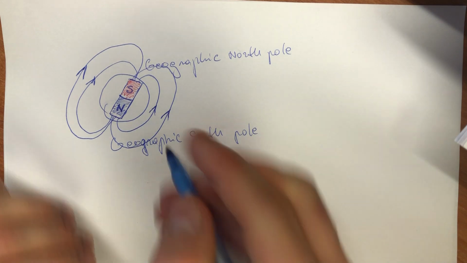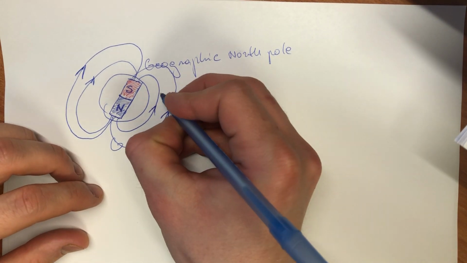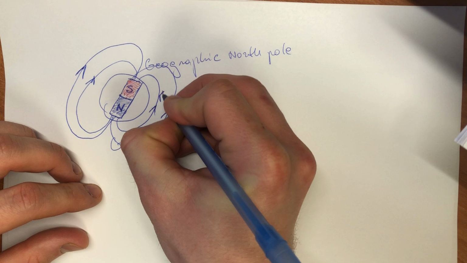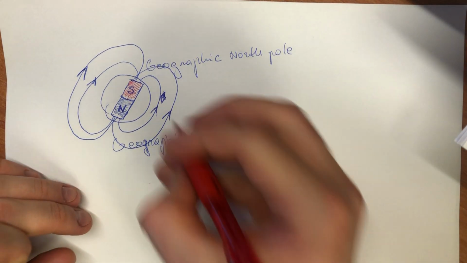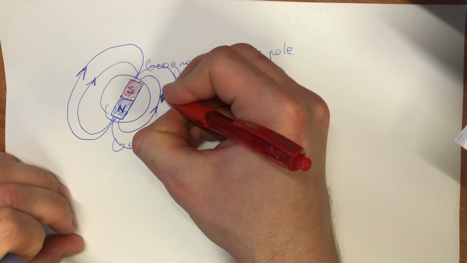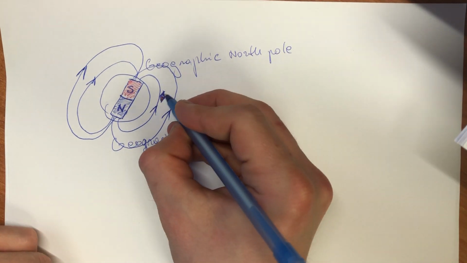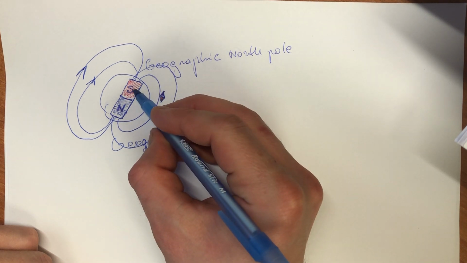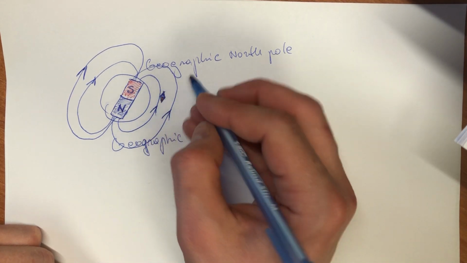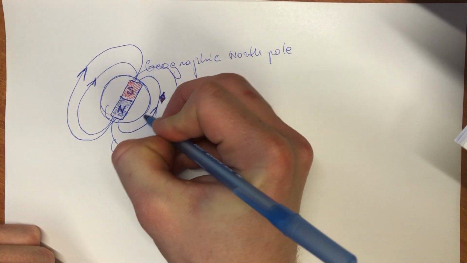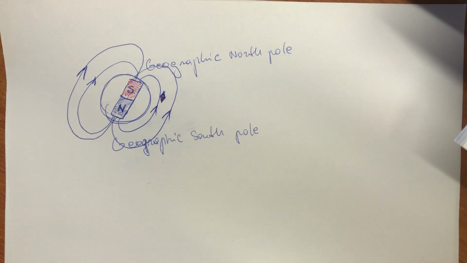If you have a compass, a small compass arrow, it shows north, because this north blue is aligned to the south pole. So the south pole of the magnet of the Earth is in the geographic North Pole, so differently, yes? What else?